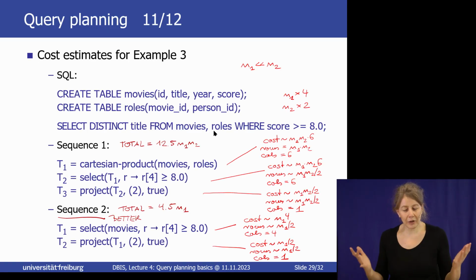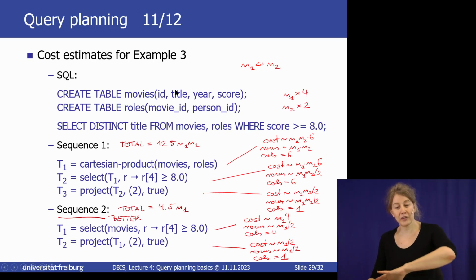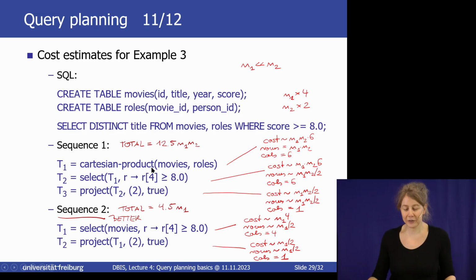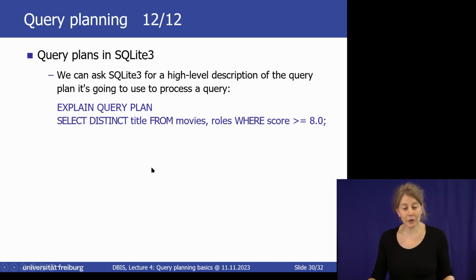SQLite 3 or any database system will also do something like this. You get your query, and internally it does something like this. And now let's just look at this. And actually you can look at it by saying, just have the query and then say explain query plan. SQL has this tradition that you write it like you would say it.